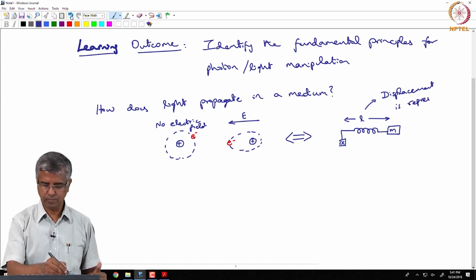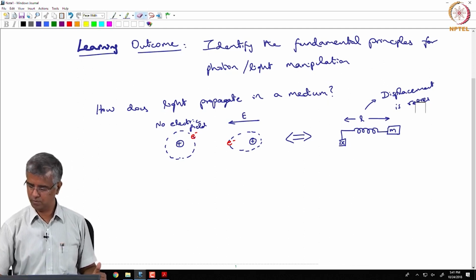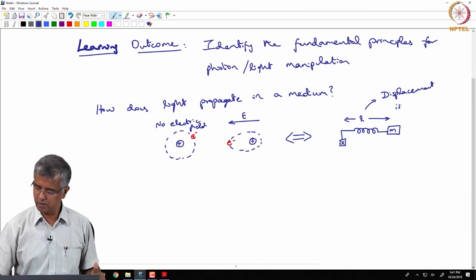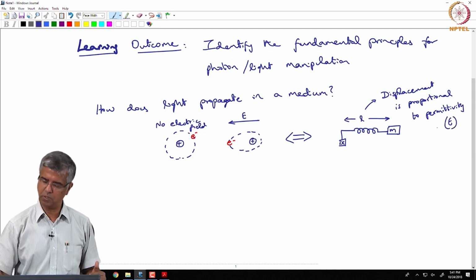Just say this displacement is proportional to the permittivity of the medium, the permittivity which you call epsilon.